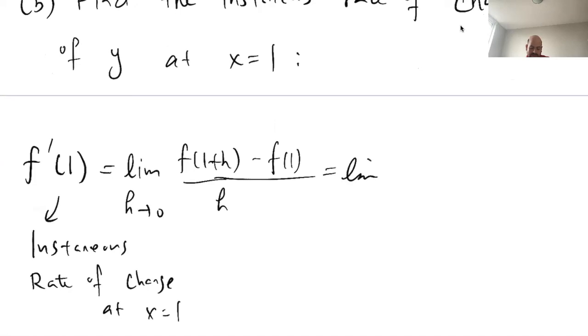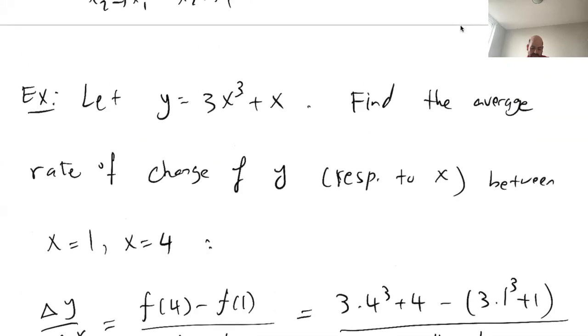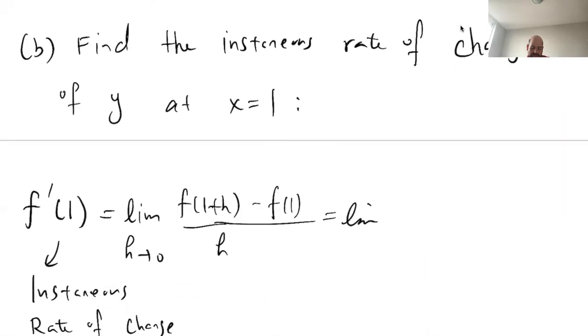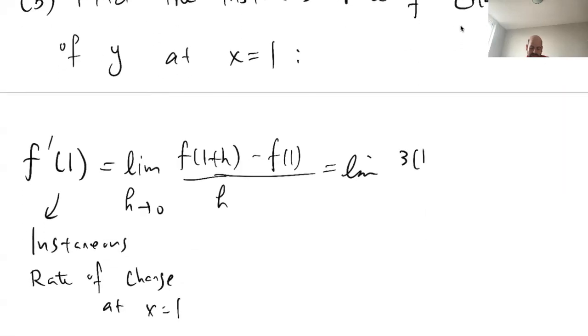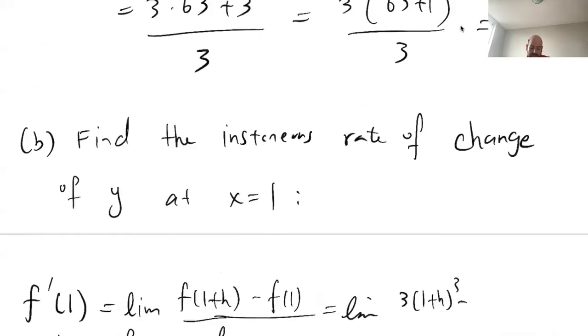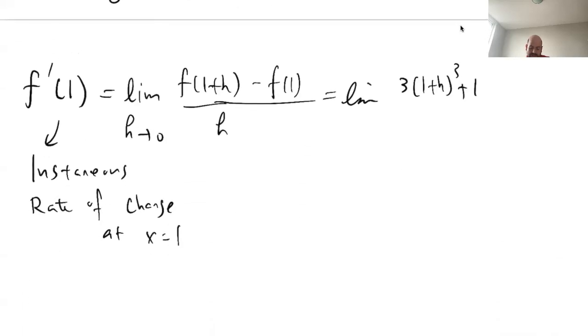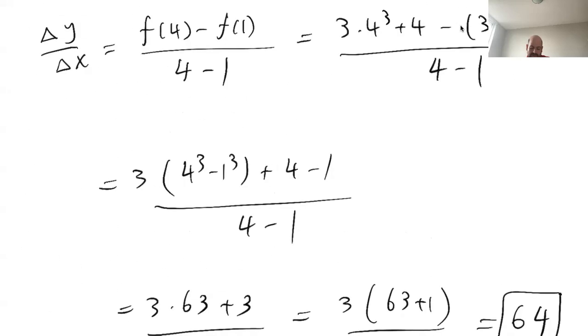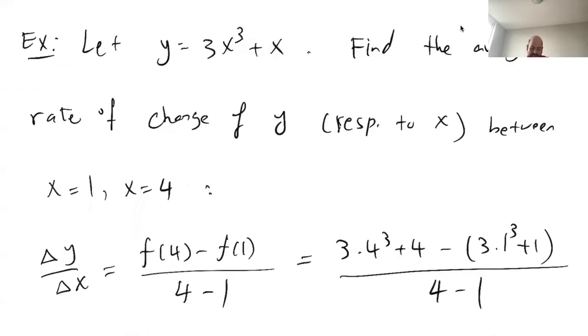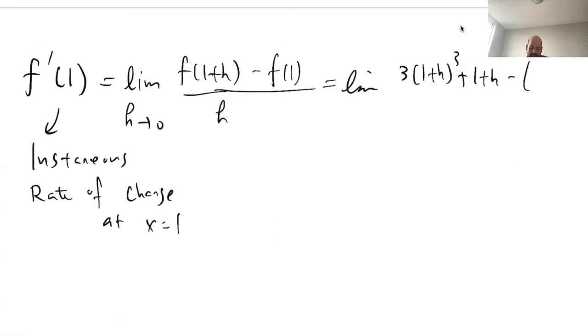And then this is limit f of 1 plus h. We have f of x here. So replace x with 1 plus h, 3 times 1 plus h cubed plus x. So we have to replace x with 1 plus h minus f of 1. F of 1 is 4, right? F of 1 is 4 divided by h, h approaches 0.